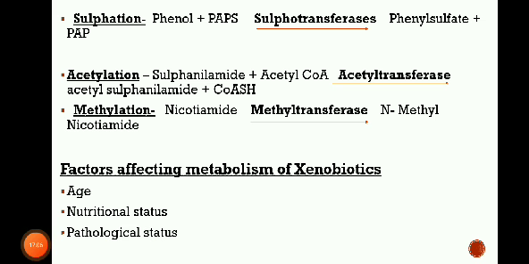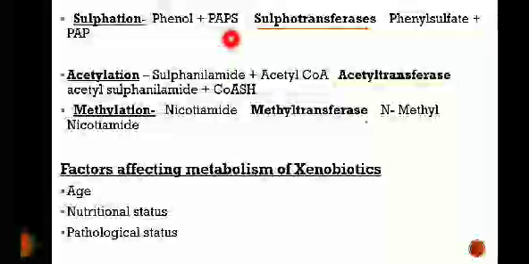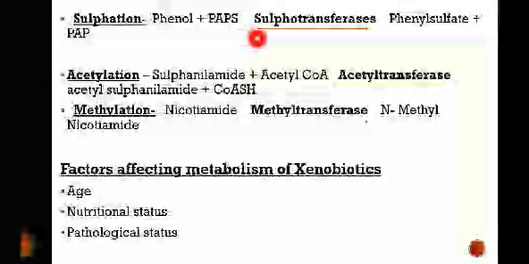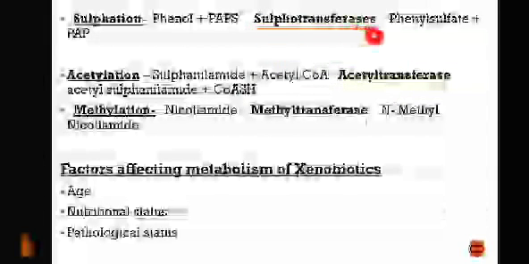Now here are some chemical reactions which are used in conjugation. First is sulfation. When phenol reacts with PAPS, which stands for 3' phosphoadenosine 5' phosphosulfate, in the presence of sulfotransferases, they form phenyl sulfate plus PAP.